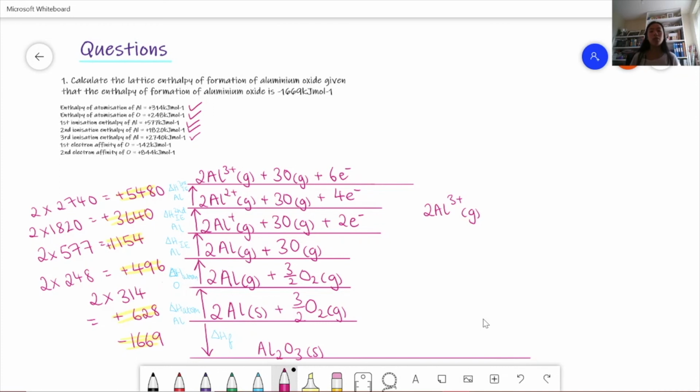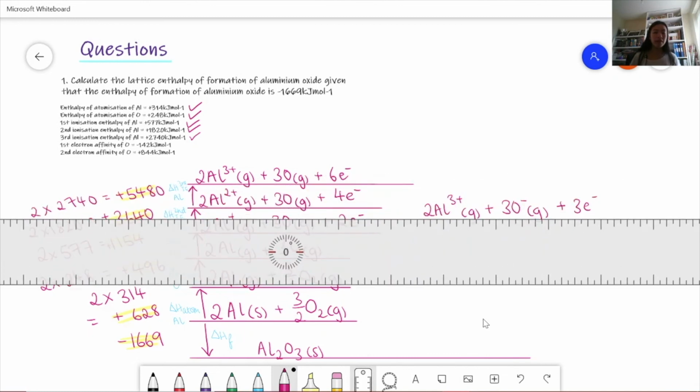So we're forming 1 mole of O minus gaseous ions. And that's going to use up 3 of the electrons, because we're going to give 1 electron to each of the oxygen atoms, and we've got 3 oxygen atoms, and that means we've used up 3 electrons. And then we draw the line again.